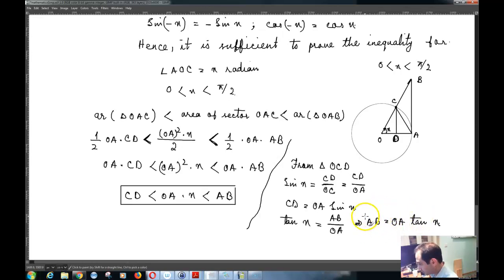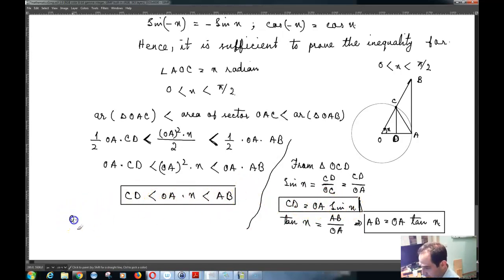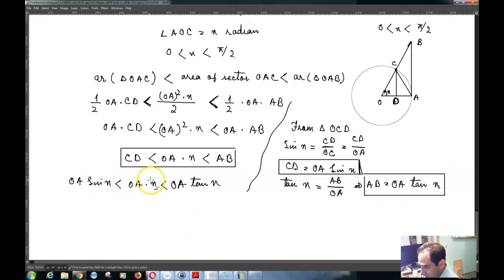So then I can use this as well. Now what we found over here was that CD, which is OA sine X, is less than OA times X, is less than AB, which is equal to OA tan X. And since OA is a positive value, I can divide by OA, not changing the direction of these.